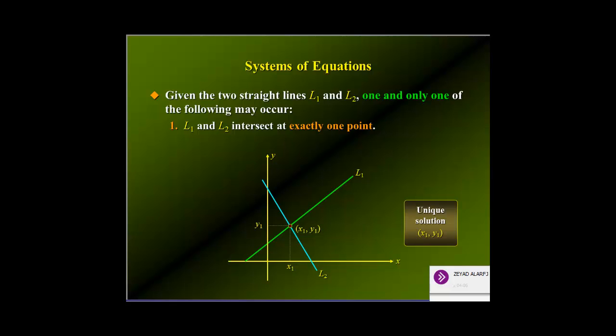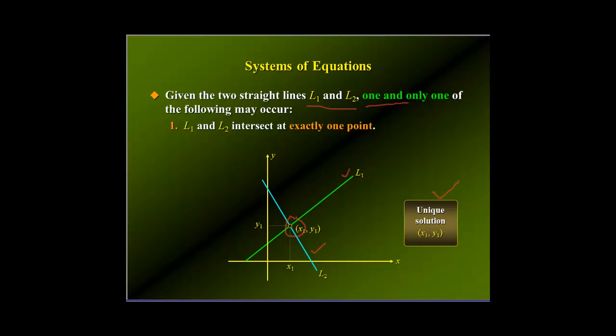Whenever the two lines L1, L2 cut at exactly one point, then we say that it is a unique solution. Here, we observe that the line L1 and the line L2 both cut at one point. So this is called the unique solution at x1, y1.